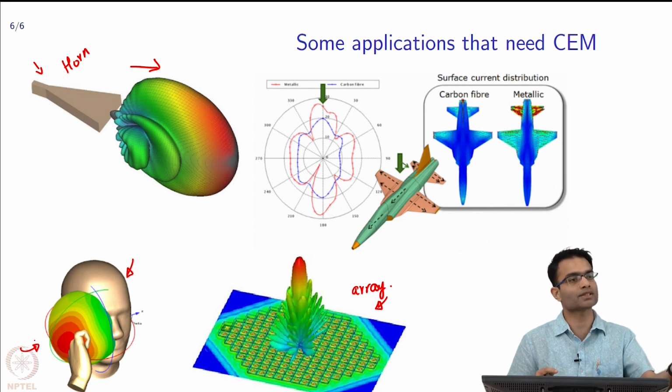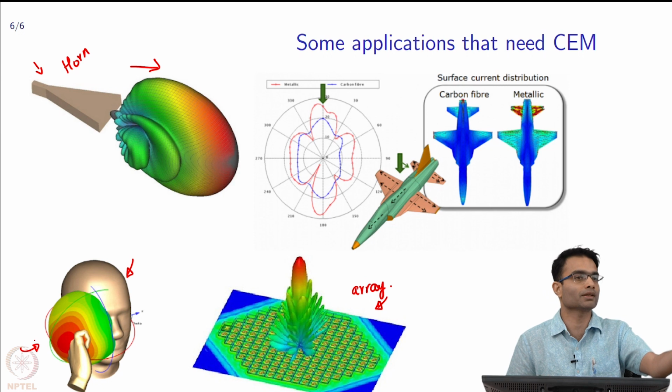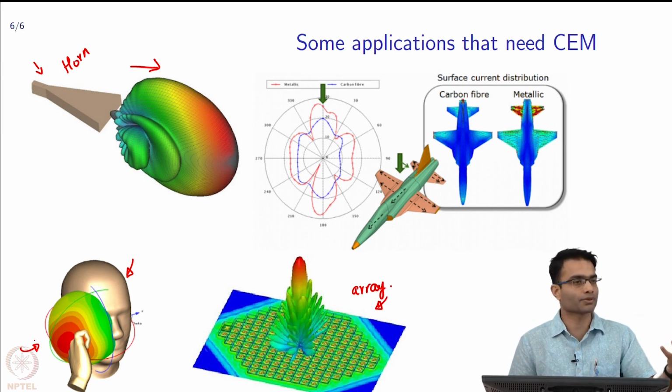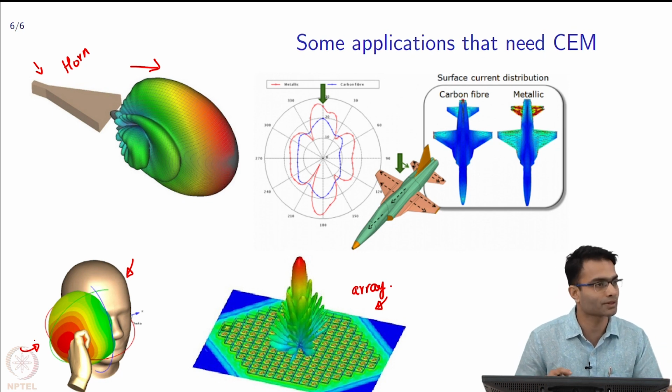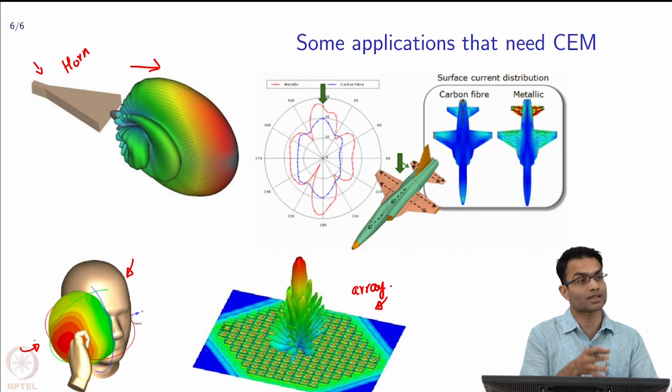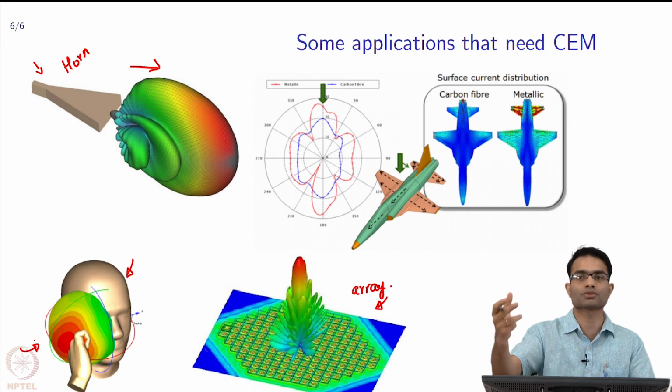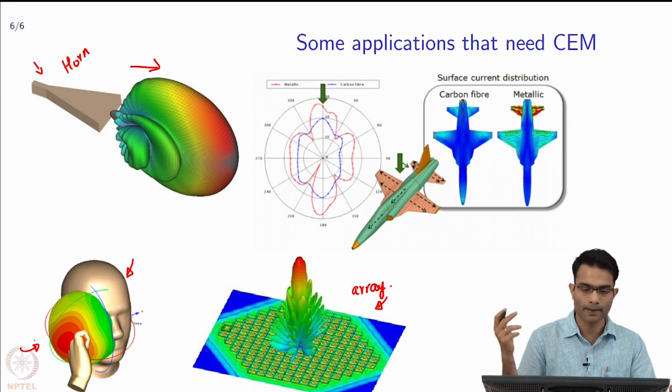So scientifically you can say, look, so much field is generated, if it is used for so much time, so much heat will be generated, there may or may not be tissue damage. So that is one scientific way of doing it. So this is a very active area of research. A lot of cell phone companies employ computational EM people, because before they put a product in the market, they have to certify this produces so much radiation, things like that.